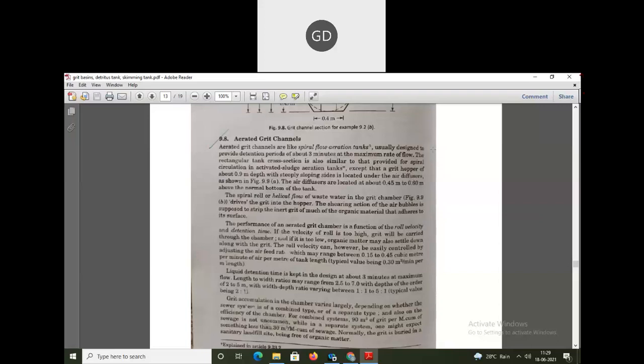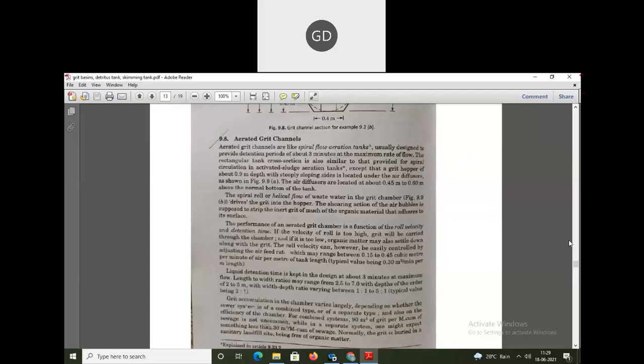It is of rectangular cross section, and they have a spiral circulation like that of an activated sludge aeration tank. We will be learning about the activated sludge aeration tank in our next classes.